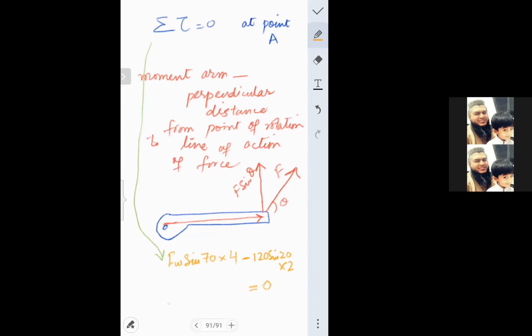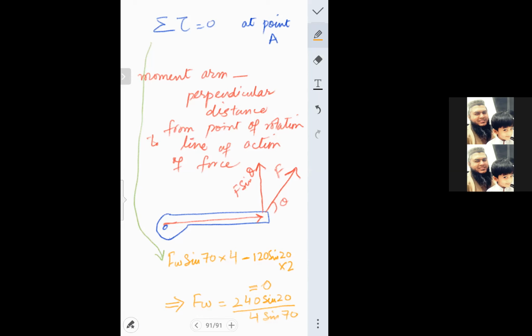So if I want to find Fw from this equation, Fw will be 240 sine of 20 divided by 4 sine of 70. So if I do it using the calculator, sine of 20 divided by sine of 70 and multiplied by 240 by 4 will be 60.